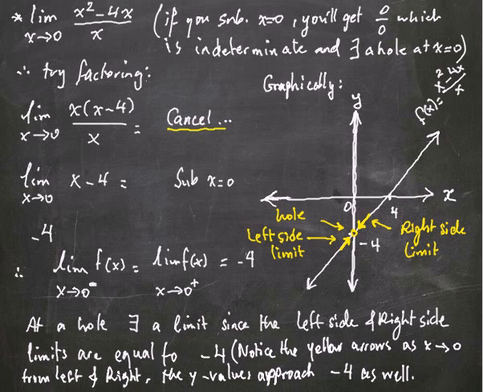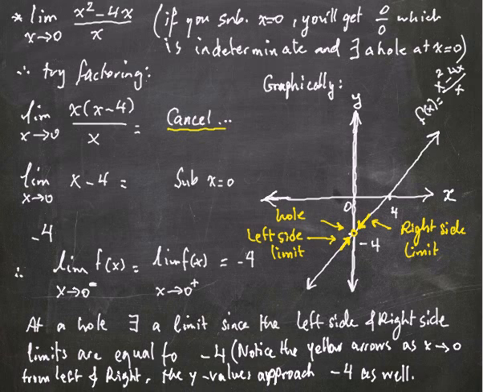So if you draw the line where the x-intercept is 4 and the y-intercept is negative 4, and you have at x equals 0 a hole at negative 4, you'll see as well that as the function approaches x equals 0 from the left, the y value is approaching negative 4. And if x approaches 0 from the right, you'll see y approaching negative 4 as well.